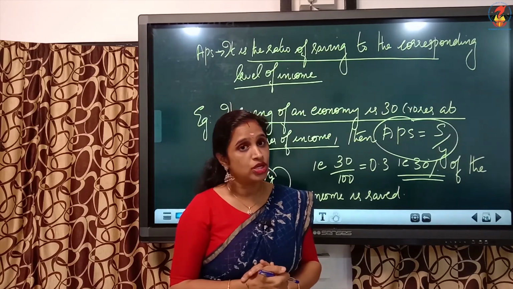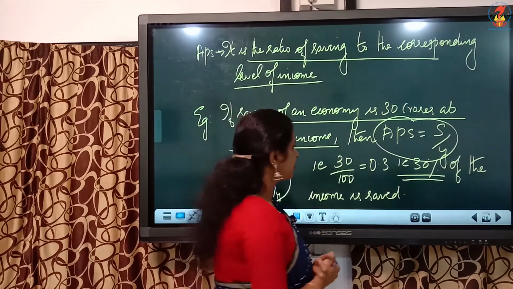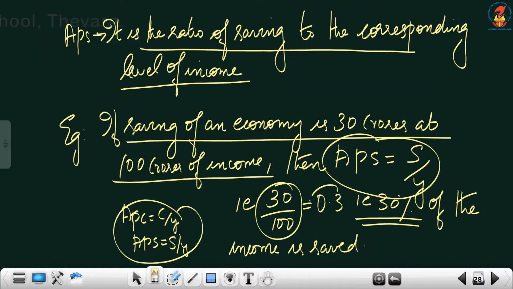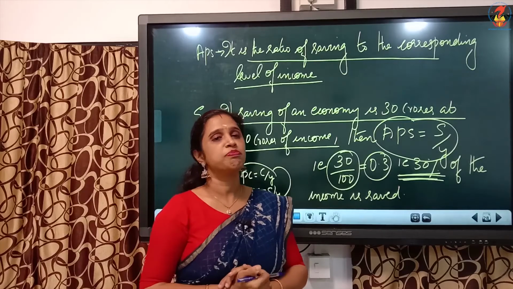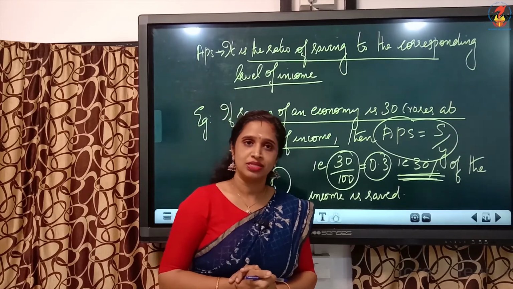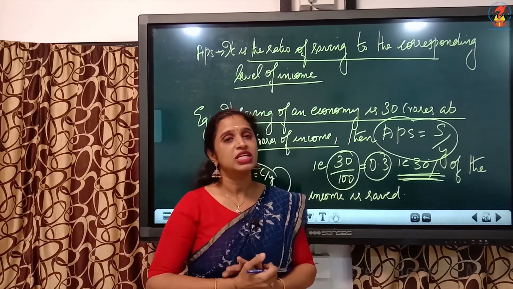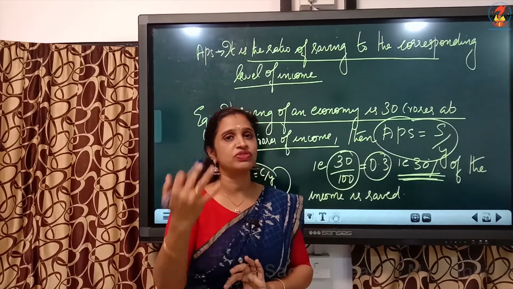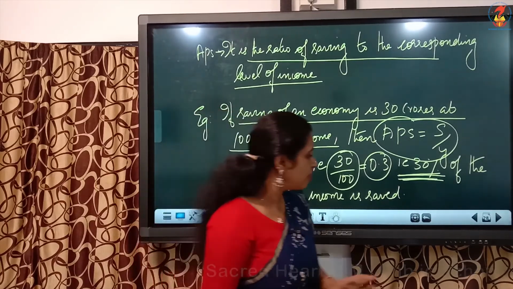Therefore, APS is equal to S by Y, that is 30 by 100 is equal to 0.3. That means 30% of the income is saved out of 100%. So this is how we find out APS, which shows the ratio of saving to the level of income.